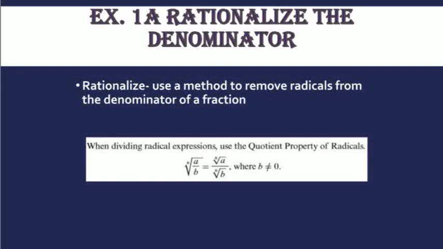You can rewrite that as the square root of a divided by the square root of b. And to get rid of the square root of b in the denominator, you multiply it by the square root of b. And whatever you do in the denominator, you must also do in the numerator. And then you can simplify it from there. So rationalizing it just means to get rid of the radical in the denominator and then simplify.